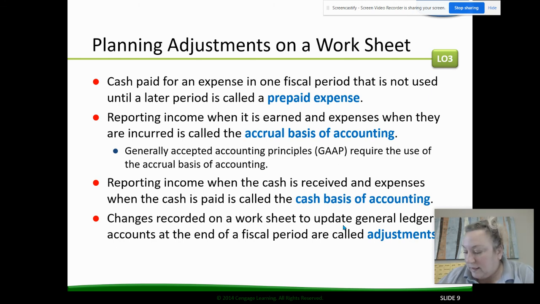So I'm going to ask them for a refund, which means I'm going to ask them for cash back for those 3 months that are left. So that's why we have that prepaid insurance as an asset. And we are going to do these adjustments because we're prepaying for them.